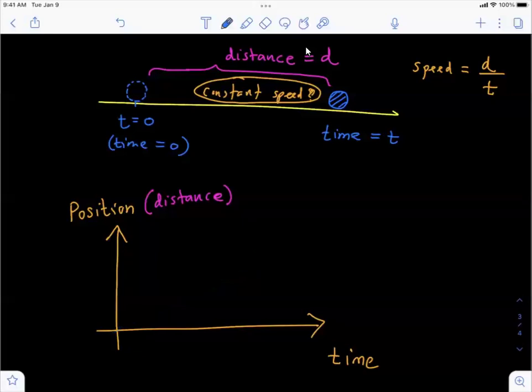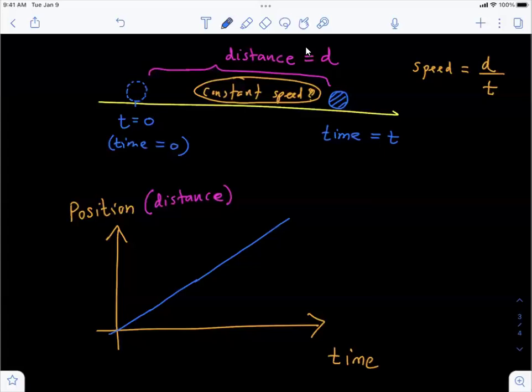This is the position, or in simple words the distance, and the time. If this object is moving at a constant speed, let's say 20 miles per hour or 20 meters per second, then as long as it's constant, you will see the distance increase constantly. So it will be a straight line.